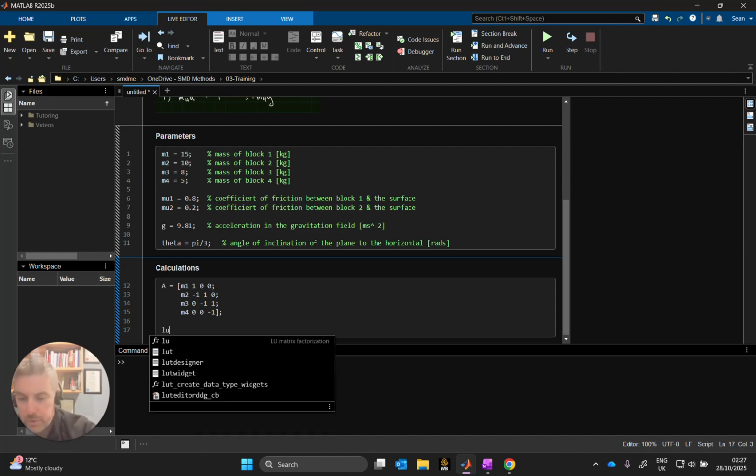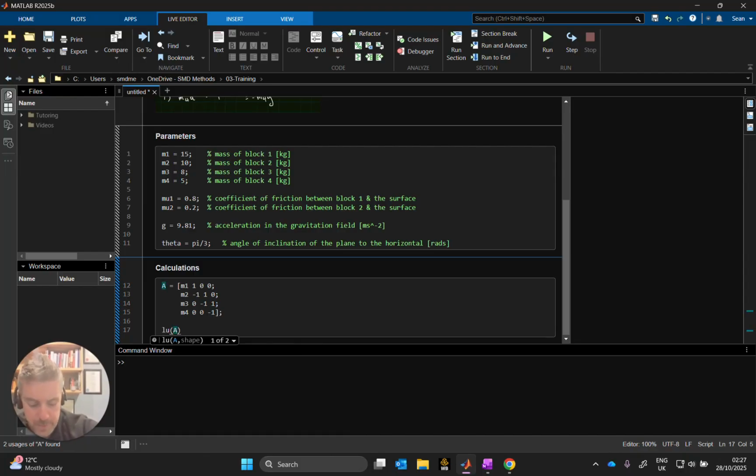So I want LU for A. But I want to output that into a lower and an upper. So there's the function. Let's split that into a lower and an upper, and we'll call them L and U. I'm going to semicolon that out.